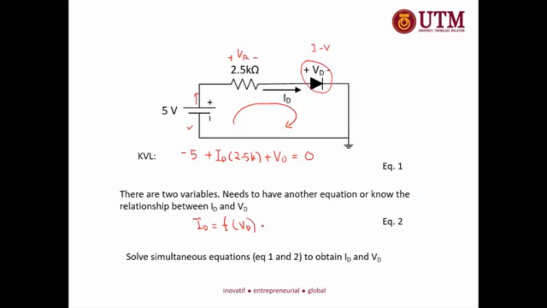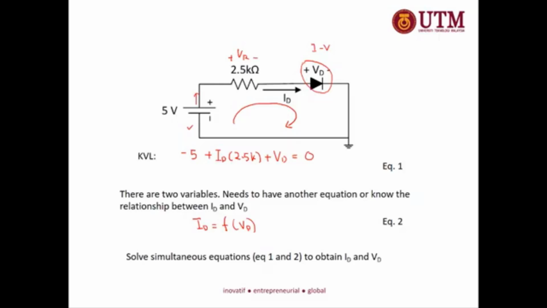If you remember from the previous slide, the diode current can be expressed using the exponential function of VD. But now we just put a function here. Once you have these two equations, you need to solve the simultaneous equations 1 and 2 to obtain ID and VD. This is the general approach to get ID and VD.